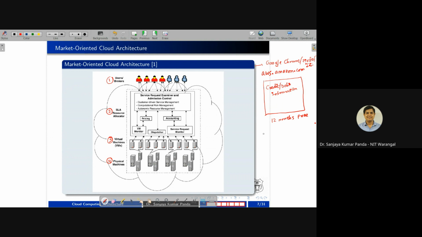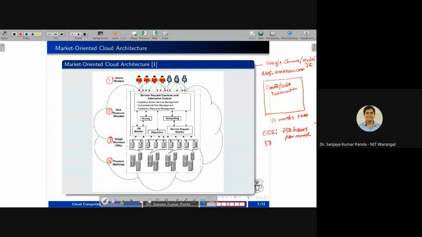For example, as I mentioned, two services: one is EC2, another is S3. With EC2, you are going to get 750 hours per month of free services.